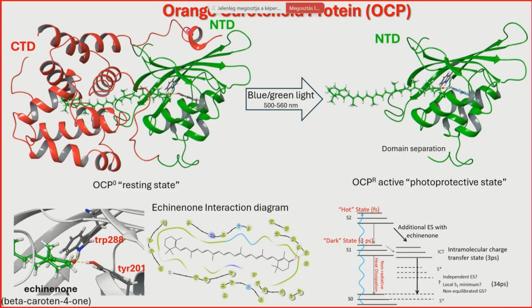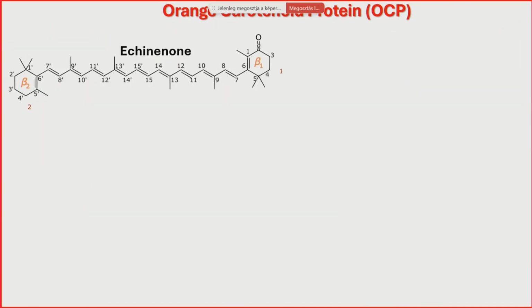Especially for echinenone, we have an intramolecular charge transfer state with a lifetime of 3 picoseconds. And there is another species which is currently uncharacterized. At 34 picoseconds, it can be either an independent excited state, a local S1 minimum, or a non-equilibrated ground state. And here is where I will focus on my next slide.